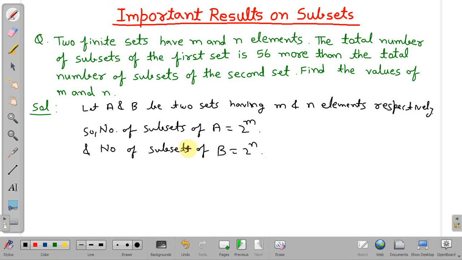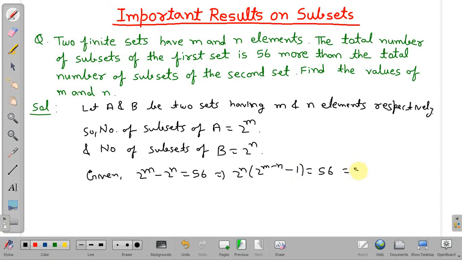And the difference between these two is given as 56, so 2 to the power m minus 2 to the power n equals 56. Here m will be greater than n, so when we take 2 to the power n common, it can be written as 2 to the power n into (2 to the power m minus n, minus 1) equals 56, and we can find the values of m and n using the hit and trial method.